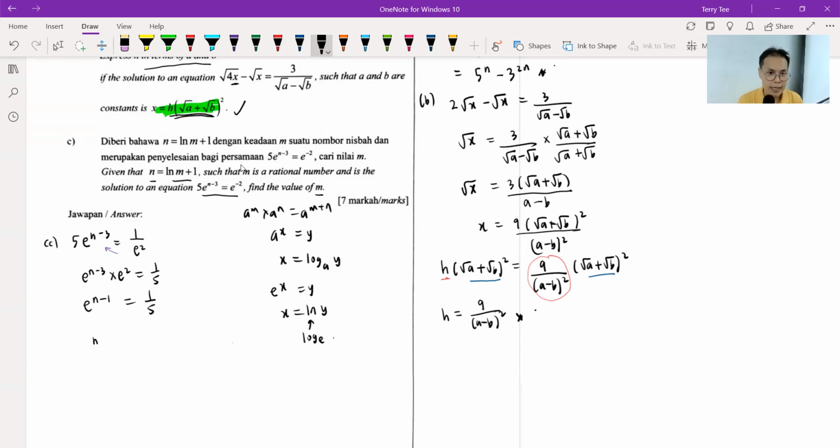So here we say n minus 1 is ln 1 over 5. And we are given that n is ln m plus 1, and we are supposed to find the value of m. So basically, just take the 1 here, bring it to the right-hand side. My n is ln 1 over 5 plus 1. By comparison, I know m is 1 over 5. Yep.